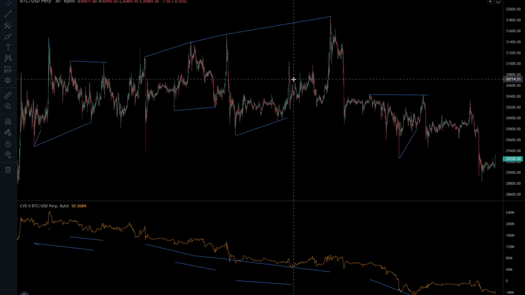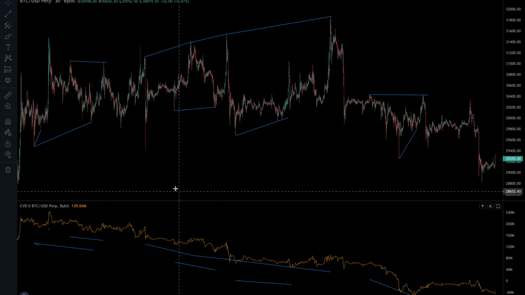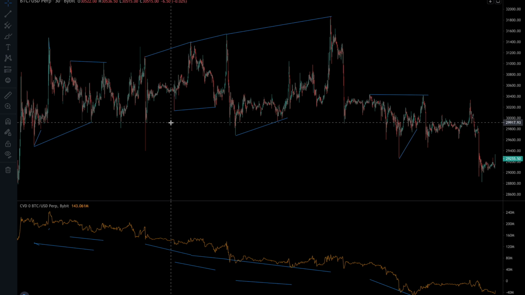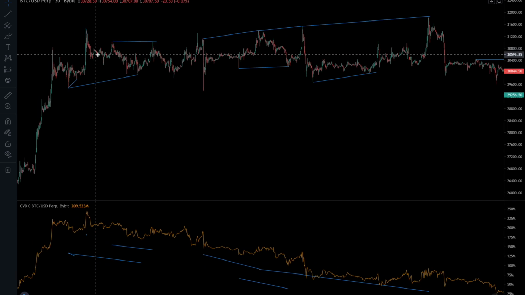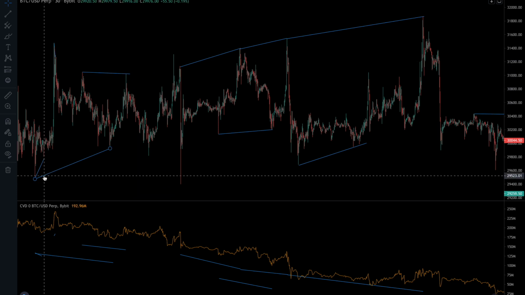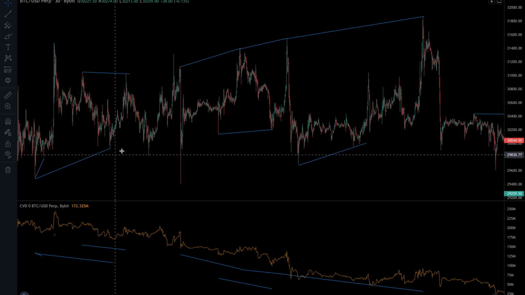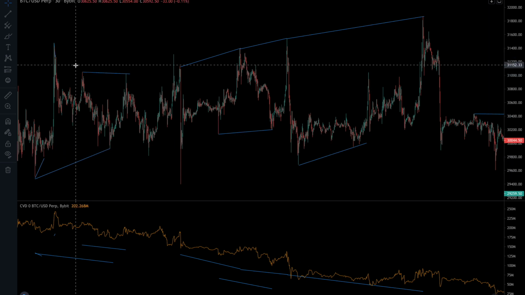I think that in the case of CVD, we should look at both the exhaustions and also the absorption, because even though the CVD is decreasing in this range significantly, it doesn't need to mean that there is this heavy selling which is absorbed. From my perspective, as I showed you, CVD decreases in this range because, one, someone was absorbing and supporting the price at the lower bound of the range, but also at the highs of the range.